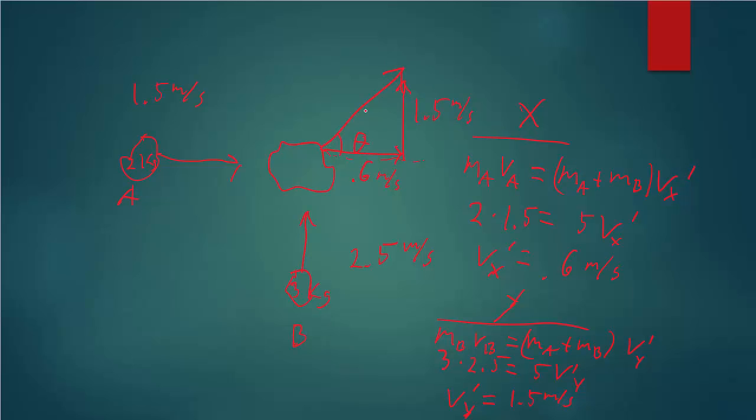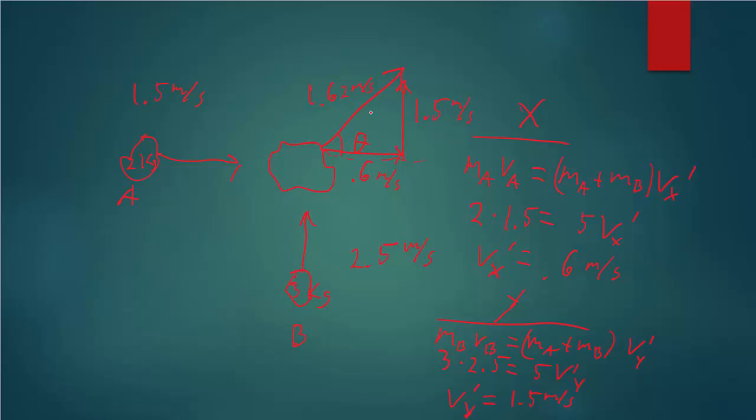Now if I want to find the total velocity, I just have to do the Pythagorean theorem on this. So that squared and that squared, take the square root. Turns out to be 1.62 meters per second is the total final velocity after the collision.